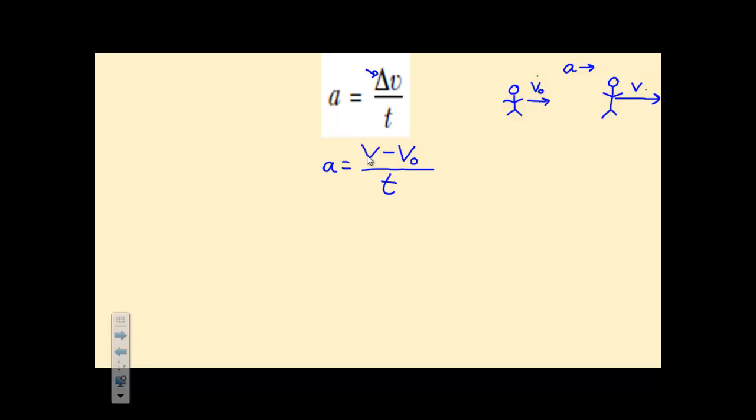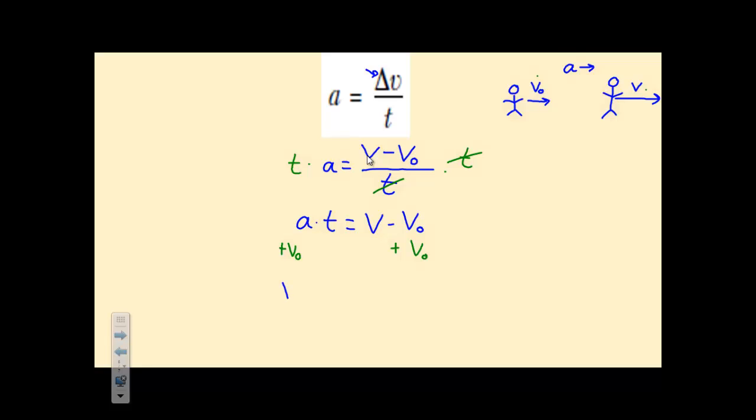by the time. Now I'm going to do a quick step of algebra and multiply both sides of the equation by t. T cancels with t. So a times t equals the velocity at the end minus the original velocity. Do another step of algebra and add VO to both sides.